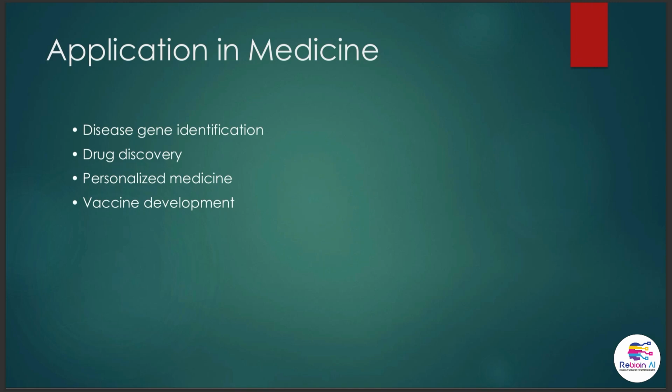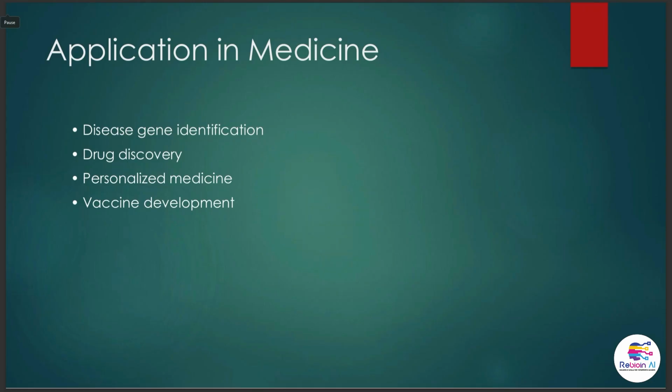For example, in cancer, bioinformatics helps identify oncogenes, genes that promote cancer, and tumor suppressor genes. In genetic disorders like sickle cell anemia, a single mutation can be traced and studied efficiently.